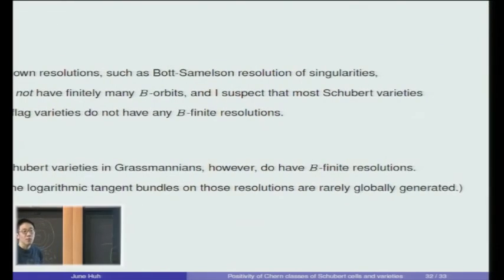But what's puzzling is that you don't have such nice resolutions for Schubert varieties in more general flag varieties like G mod B, even in type A. We're not talking about crazy objects. You have flag varieties, say FL4.